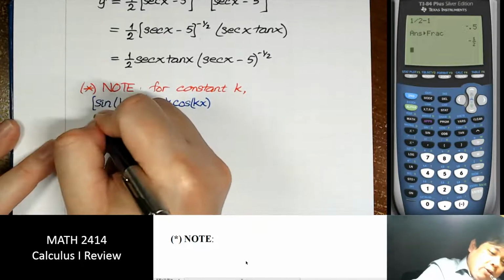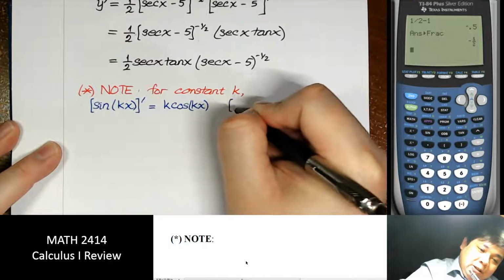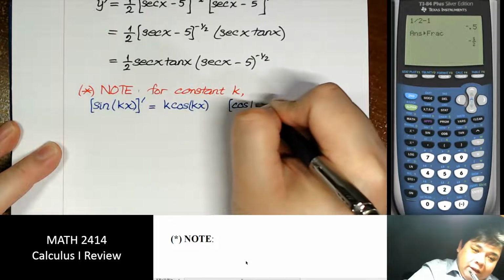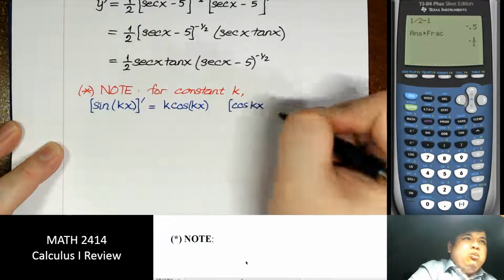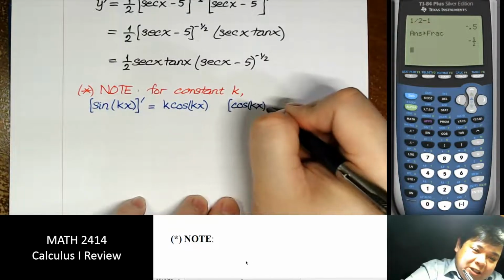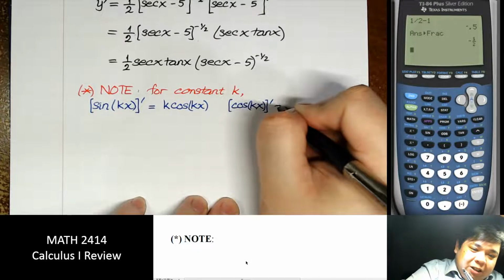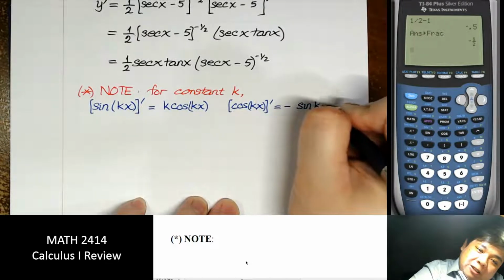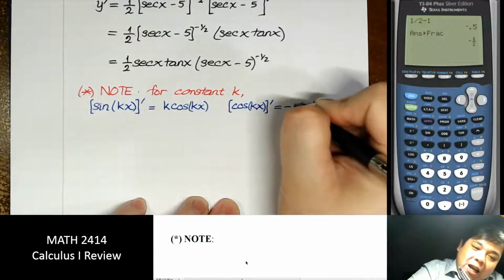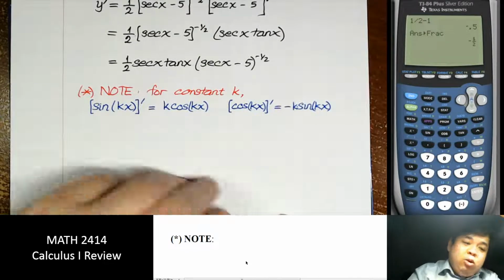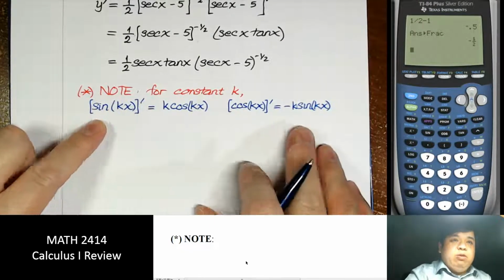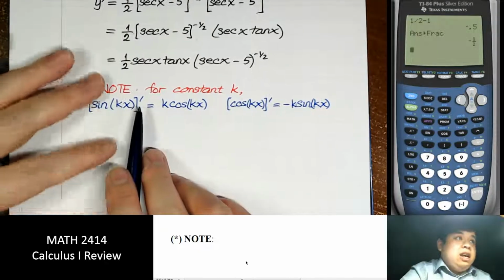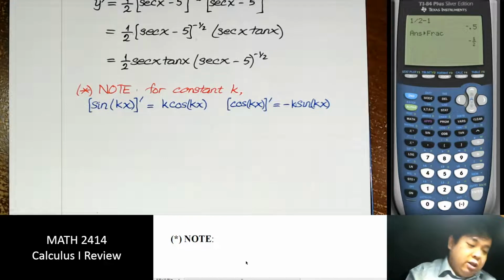So if we have cosine of kx, don't even need to put the parentheses around it, is negative sine of kx and multiply by k. So if we multiply k into x, the derivative will multiply k on the outside. But inside, we still have kx as the argument.